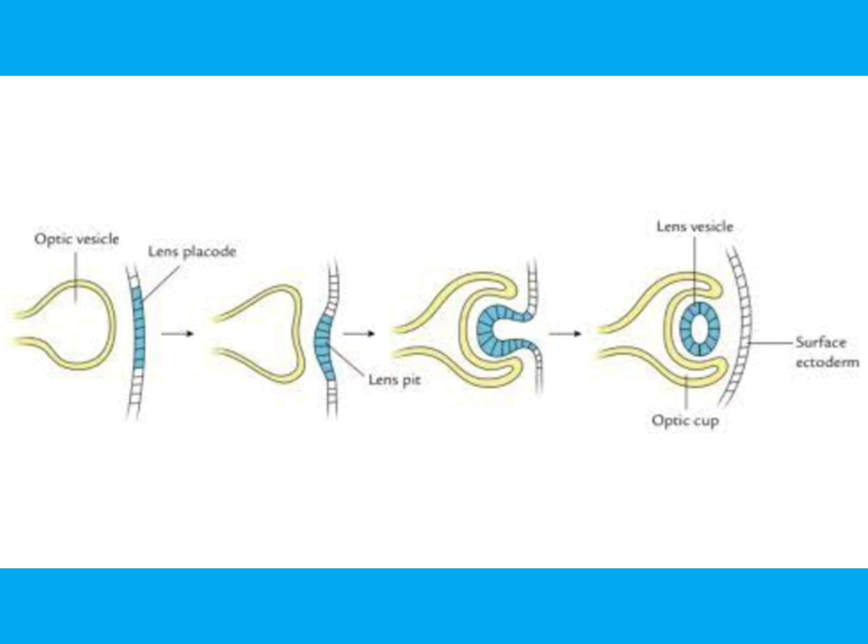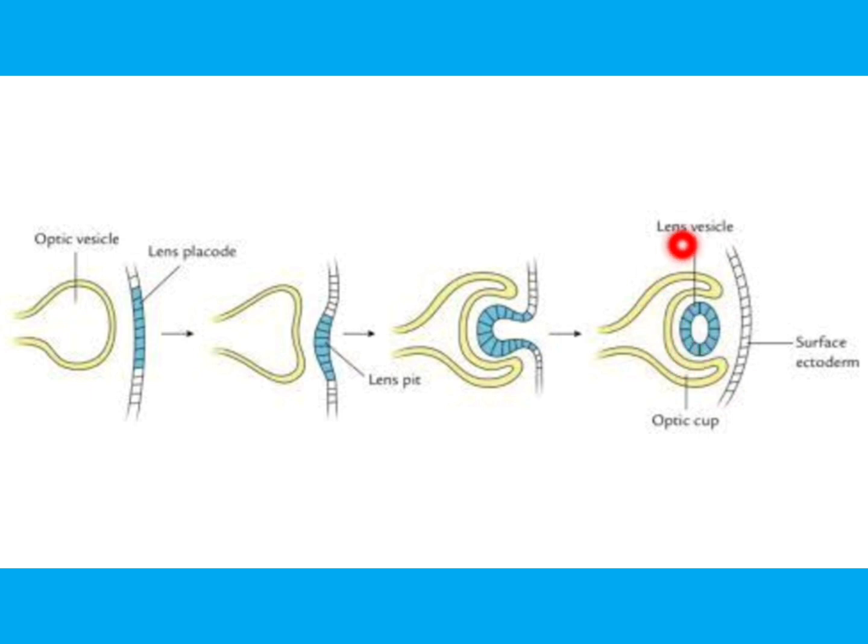cells. Now the optic vesicle will form the optic cup and the lens pit will invaginate more and the optic cup will enclose it completely, and ultimately this will get separated and it will form the lens vesicle, and surface ectoderm will get normal again. So this lens vesicle is the future crystalline lens of the eye.